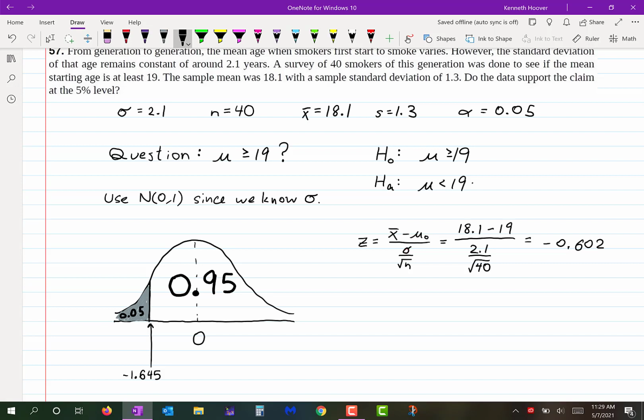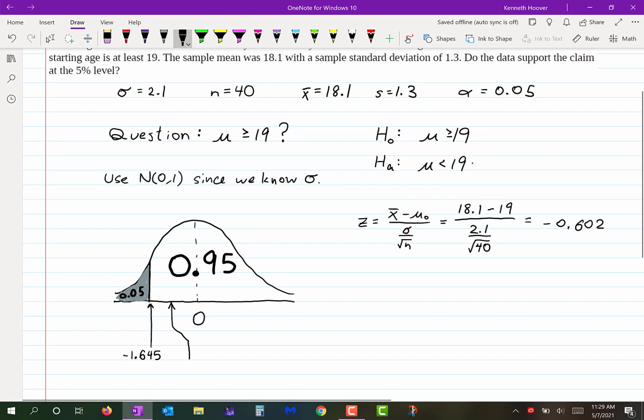So where is that located in the distribution? Well, that's located right about here somewhere. Don't worry about is my arrow pointing to the exact perfect spot, because the only question I care about is it landing over here or over here? Okay, so just as long as you draw it on the correct side.